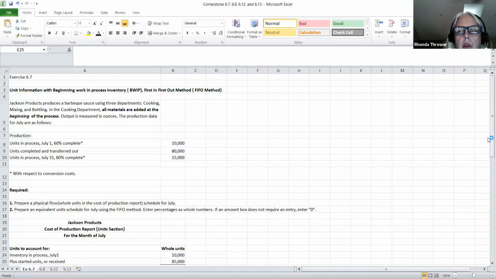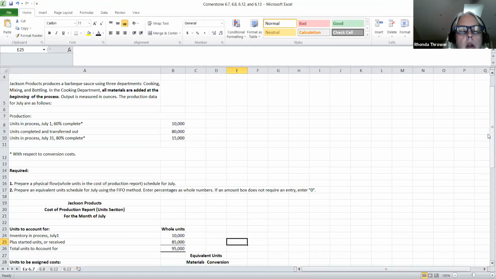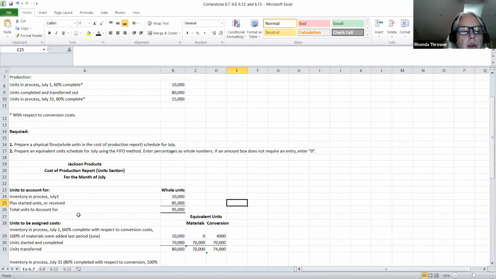So what I'm going to do is I'm going to show you what a cost of production report would look like, at least the first half of it, where we're just dealing with units for this company. I prepared a cost of production report for you, and that will emphasize the physical flow of the whole units in this department for the month of July.